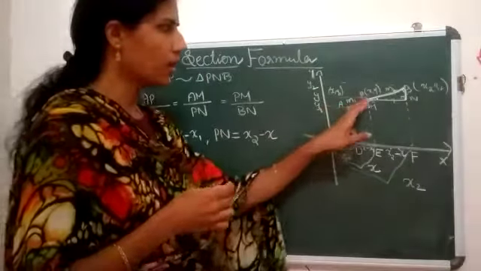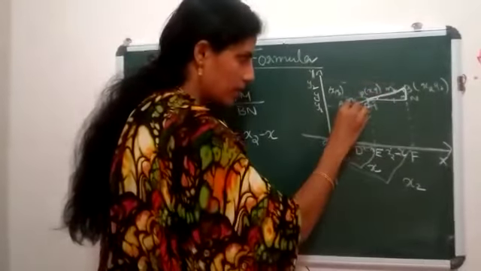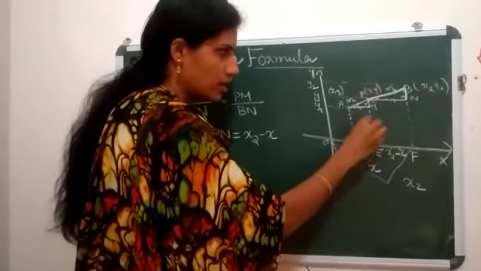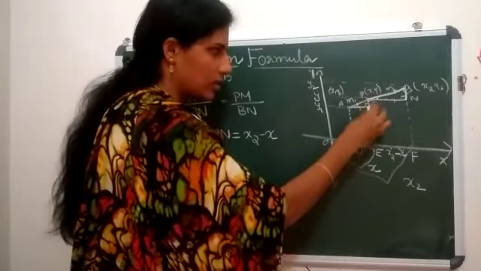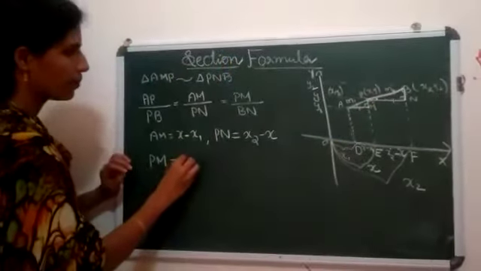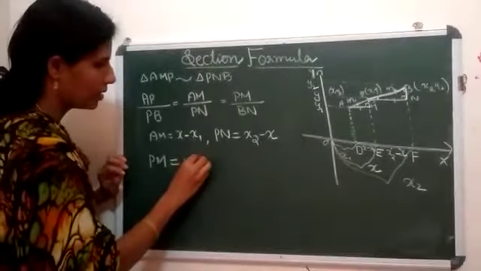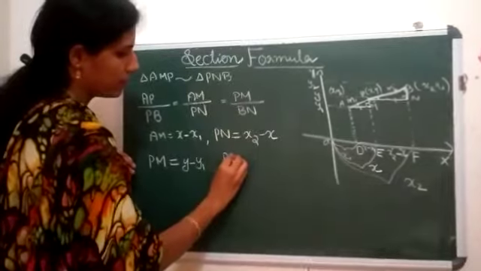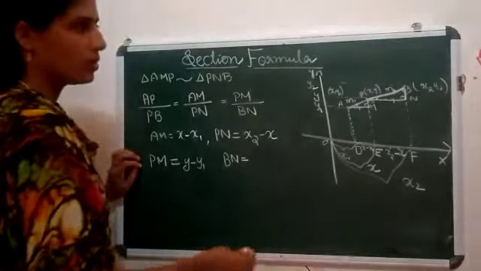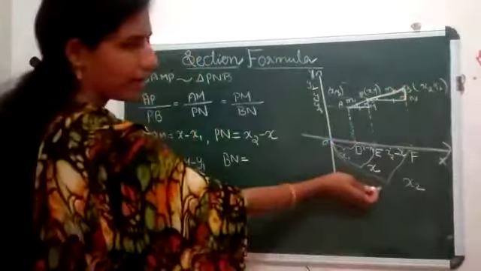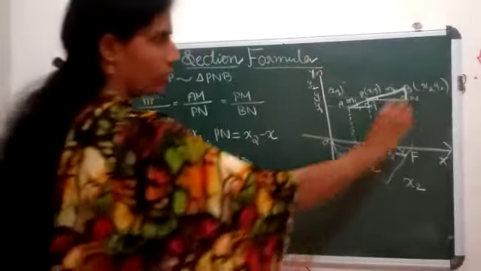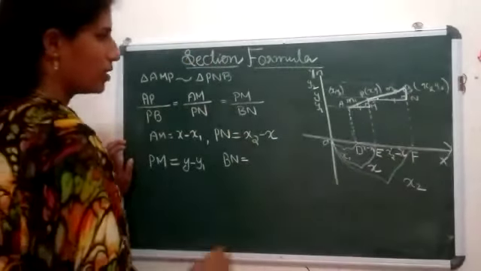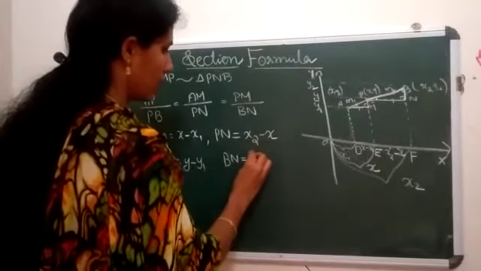Now PM, we know this length is y1. So PM is this length minus this length, so y minus y1. Now BN, the same procedure we applied here, we are going to apply here also. BN is equal to y2 minus y.